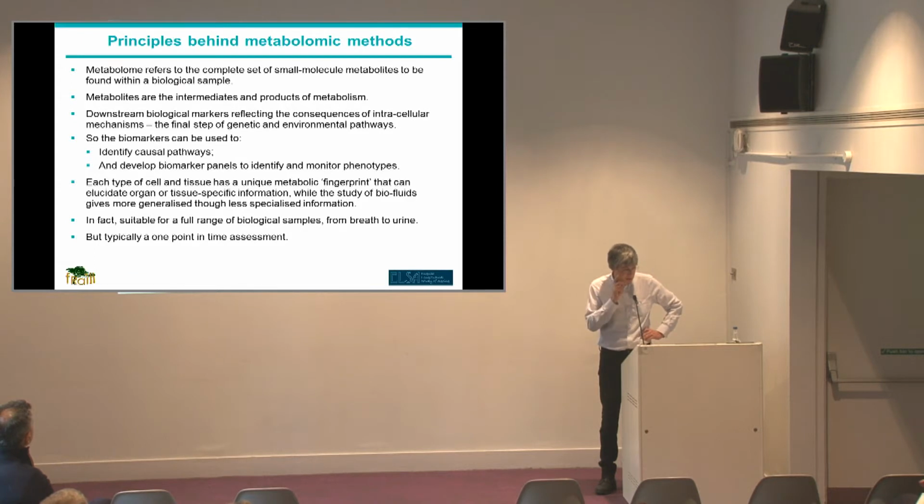So these are distal markers reflecting the consequences of intracellular mechanisms, so the products of the processes started by genetics operating within the cell, but obviously triggered and moderated by environmental pathways. And the argument might be that if we can identify these metabolites within a biological sample, then we can identify biological causal pathways.